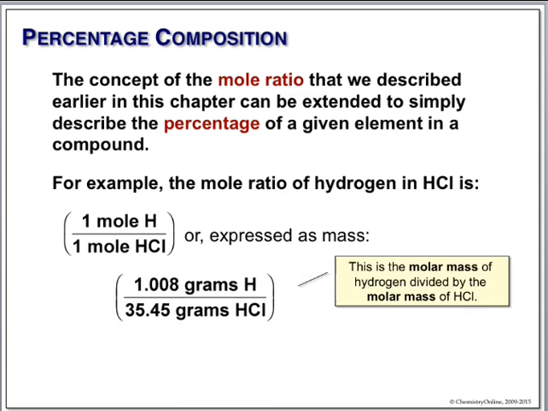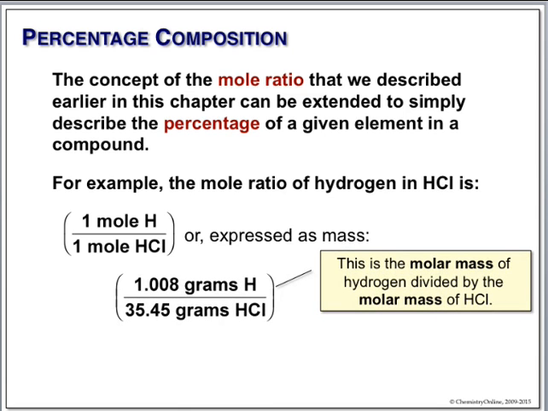We know that 1 mole of hydrogen is the same as 1.008 grams of hydrogen. We know that from the periodic table. Our molecular weight of HCl is going to be 1 plus 35.5 grams of HCl.